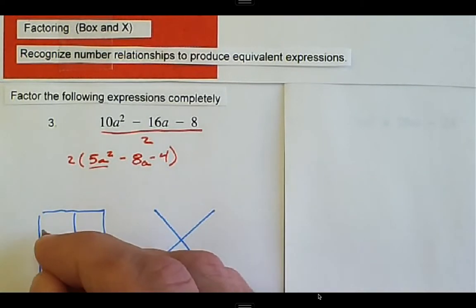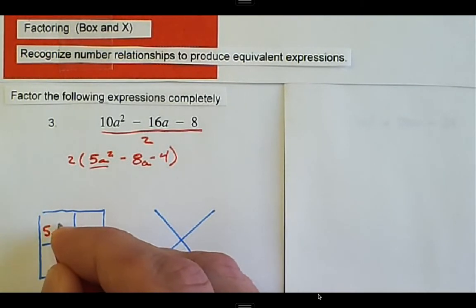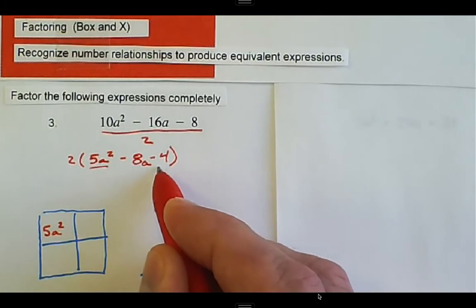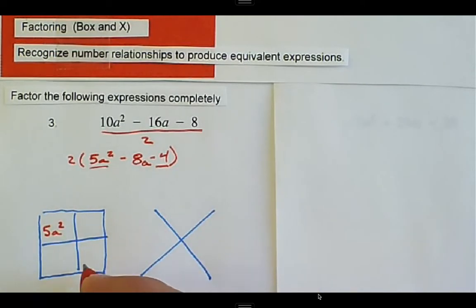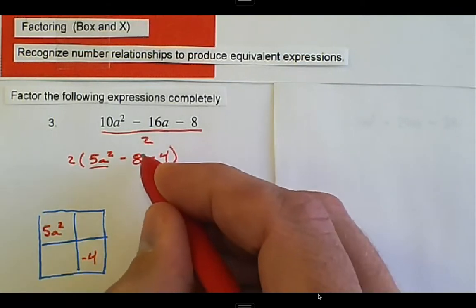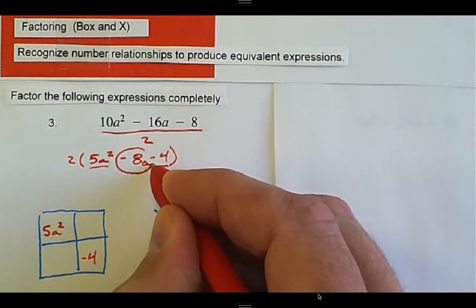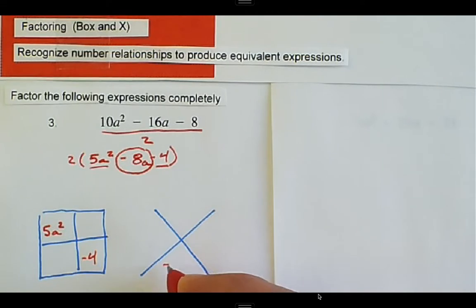So 5a squared goes in this first box here. Our constant term, or the negative 4, we got to take the sign with it. Negative 4 goes in the bottom corner of the box. And negative 8a goes in the bottom space on the X. So those are all filled out automatically.